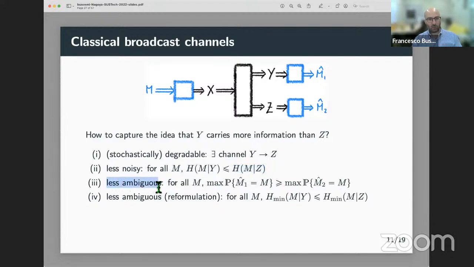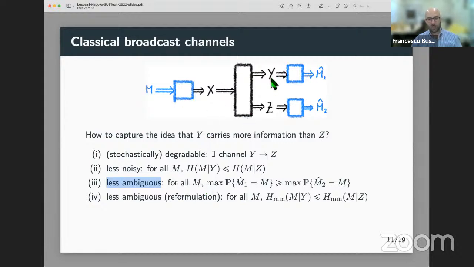And then there is a third notion, a notion of ambiguity. Okay, I made up this word, but it seemed plausible to me to call this ordering less ambiguous. So again, like Körner and Marton, we consider all possible messages that you want to send through your broadcast channel.